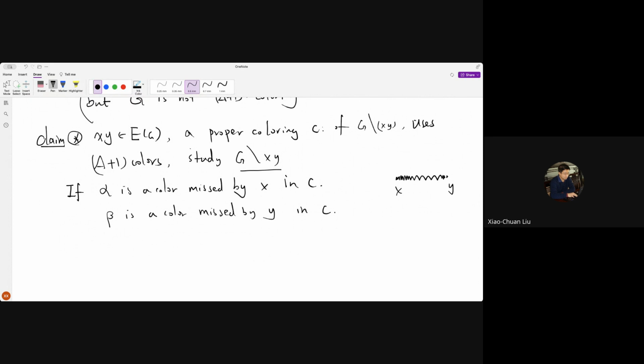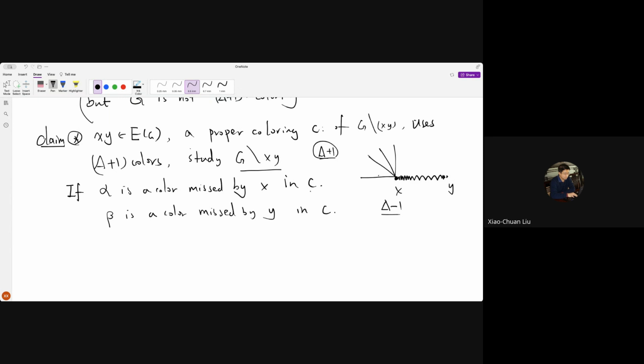After you take it out, your coloring of all the incident edges of X must miss some color, because there are in total delta plus 1 colors to look at, and these edges are at most delta minus 1 edges here.